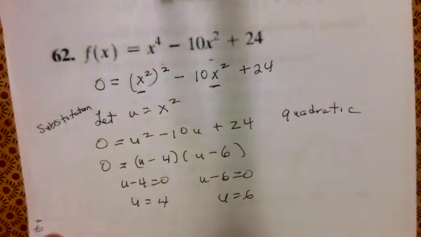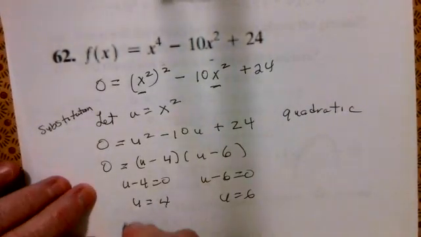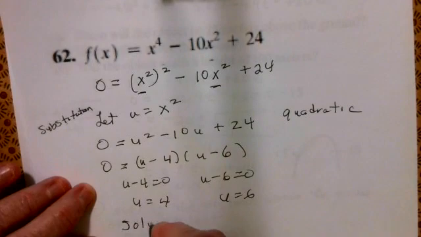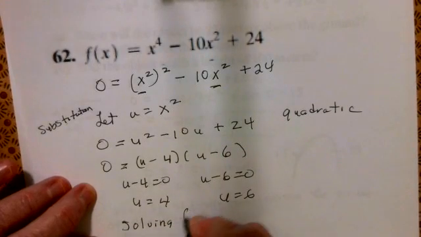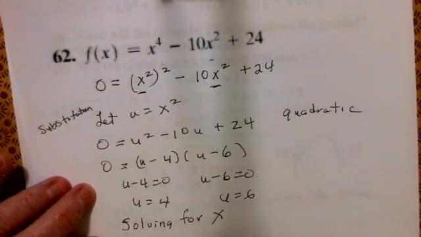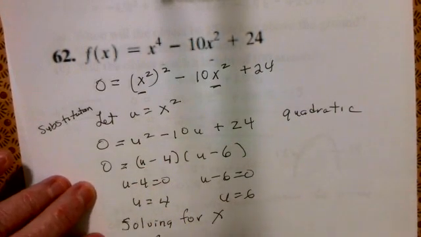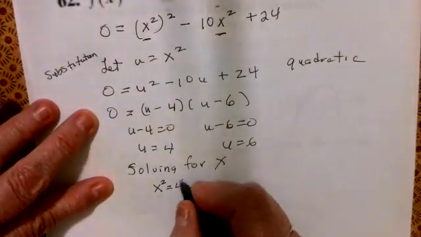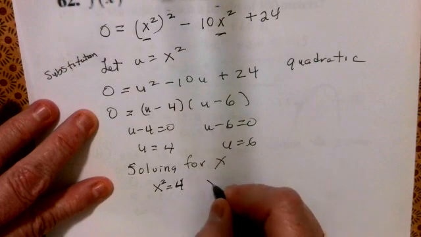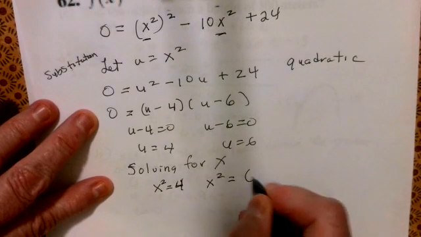Now, this is important. So many times people stop with that. I can understand why they do it, but we're solving for x, so we're not finished. u is equal to x squared, so we've got x squared equals 4, or x squared equals 6.